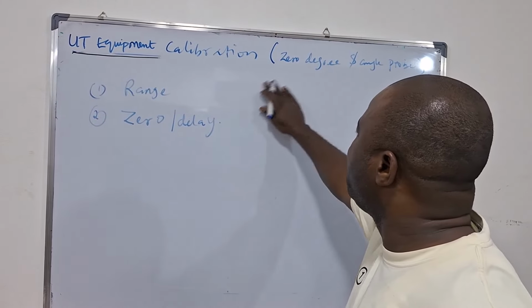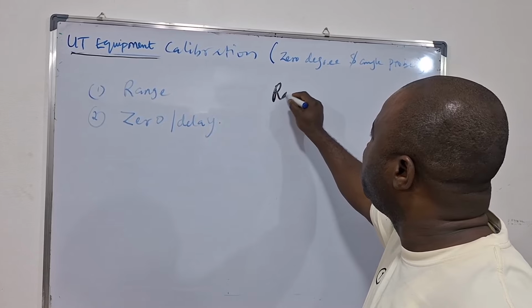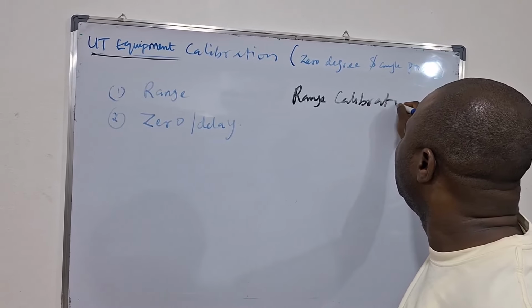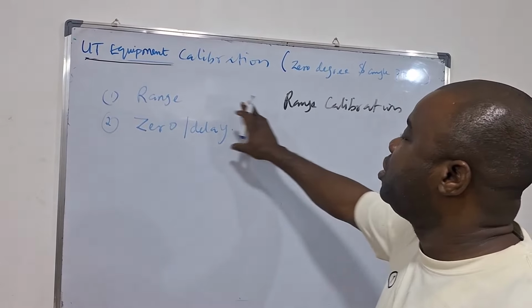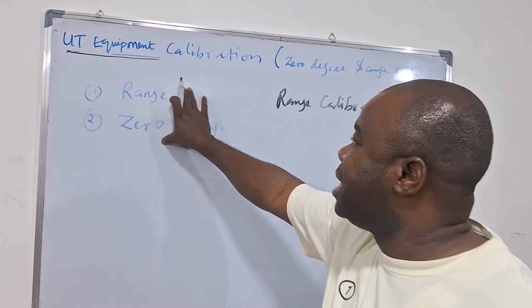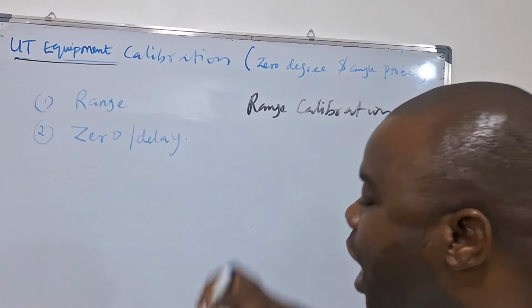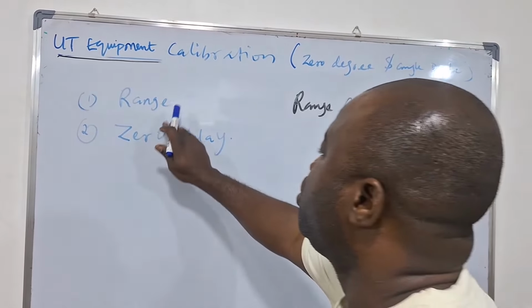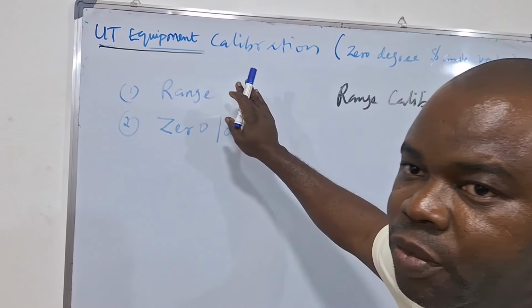Normally, when you check some books, some literature, you will see the word range calibration. That's why we brought these two terms out. When you are doing your calibration, these are the only two things you are supposed to adjust.